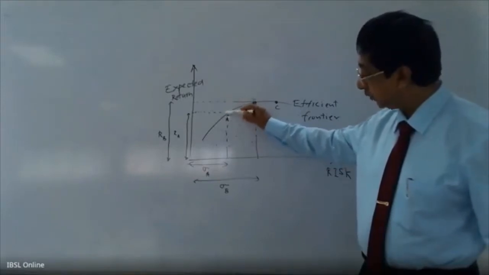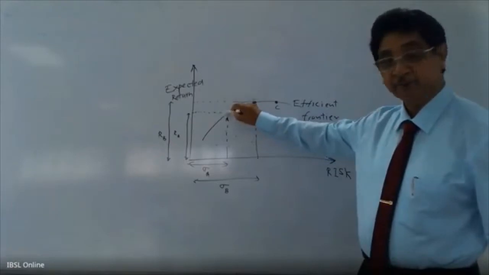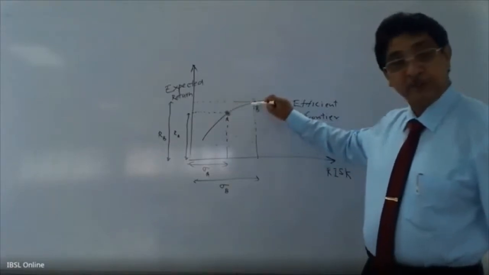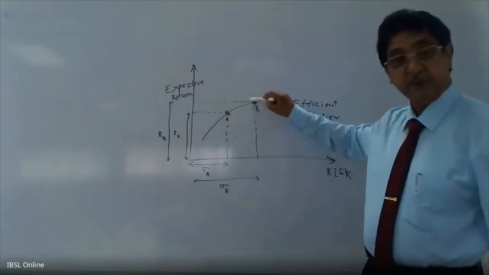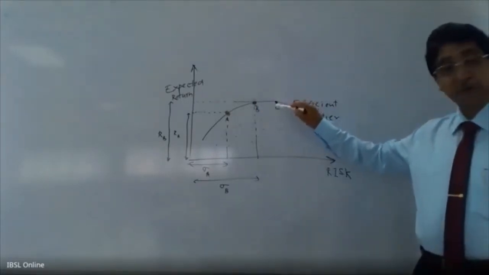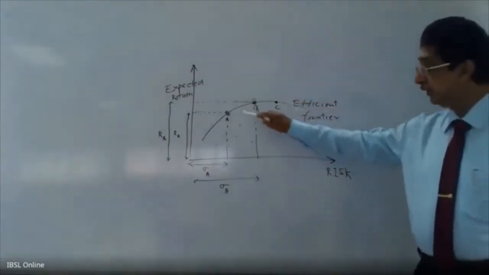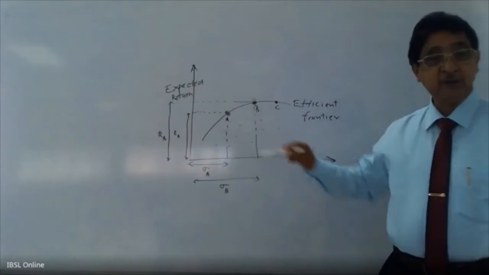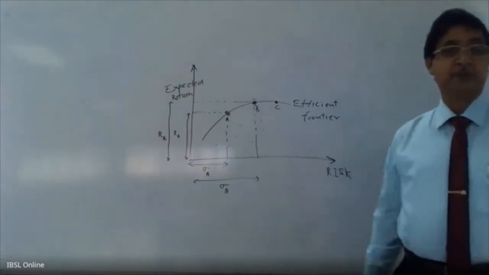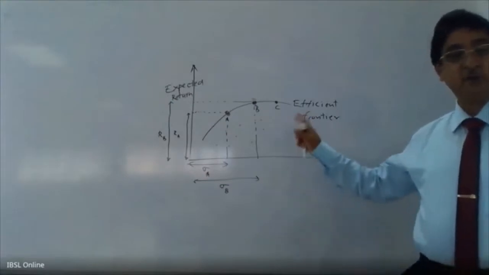Point A represents a portfolio which is on the efficient frontier. B also represents a portfolio on the efficient frontier. C is another portfolio represented, and it is also on the efficient frontier. So all these portfolios are called efficient portfolios.